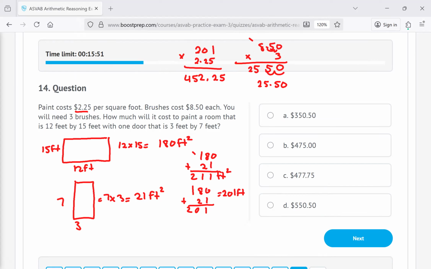Then to find the total cost, you just add them up, right? 452.25 plus 25.50, and your total cost should be 477.75. Keep in mind, when you add or subtract decimals, you need to line up the decimals. It doesn't matter how many sig figs, just line up the decimal. So I get C.